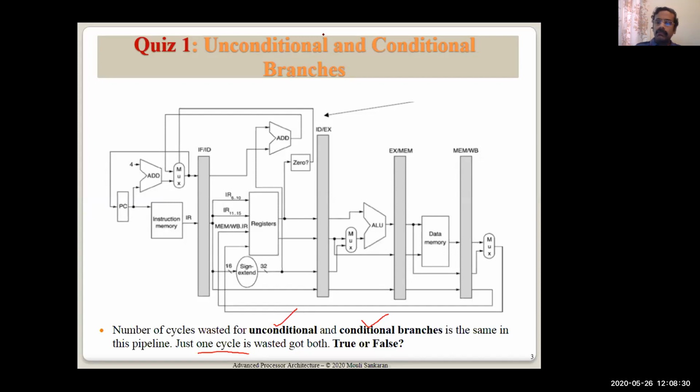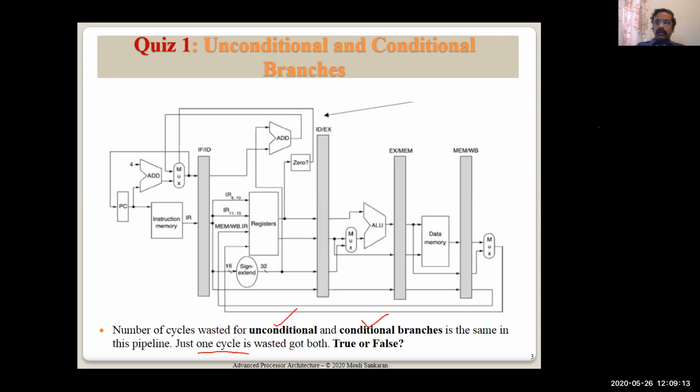Only 22 people have responded out of around 39. If you can quickly answer, I can proceed further. Okay, let me stop it. Some people have decided not to answer. Okay, guys, let me share the results. So the majority got it right.